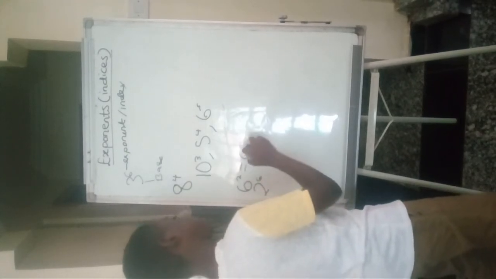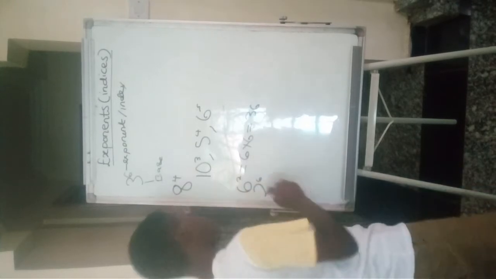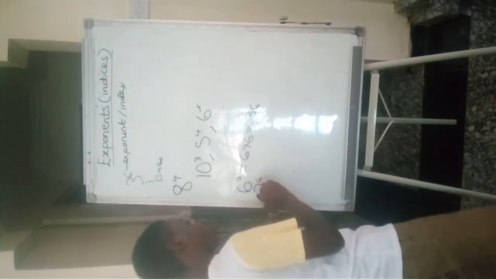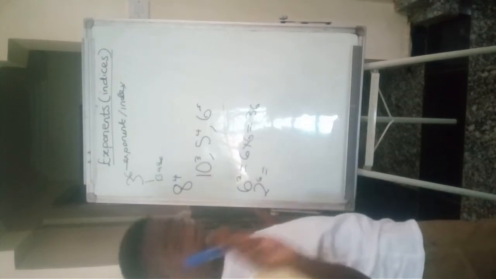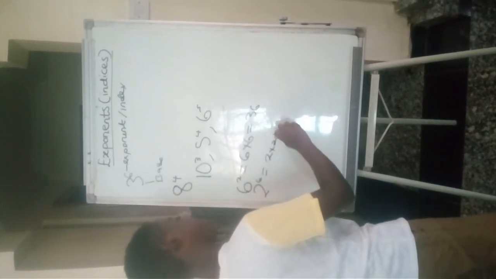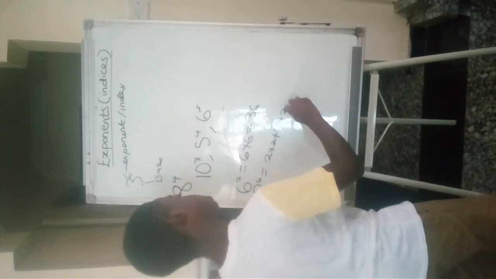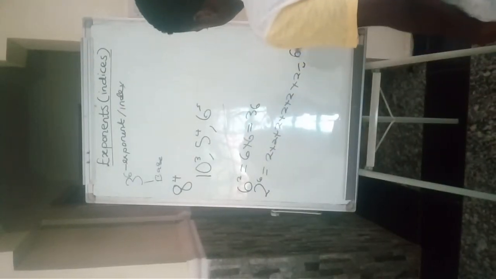That means 6 times 6, which is 36. Whilst 2 exponent 6 tells us to multiply 2 by itself 6 times. That means 2 times 2 times 2 times 2 times 2 times 2, which gives us 64.